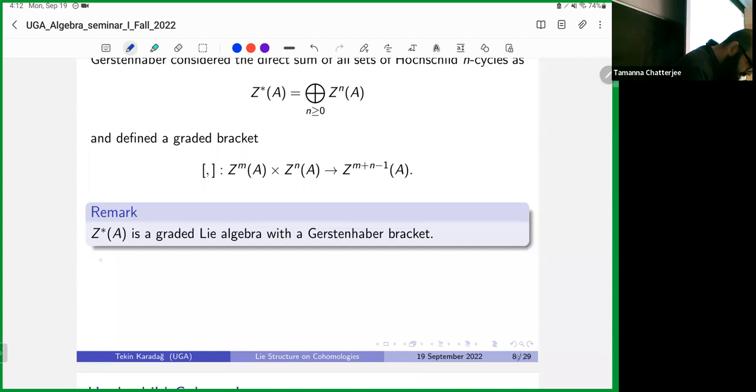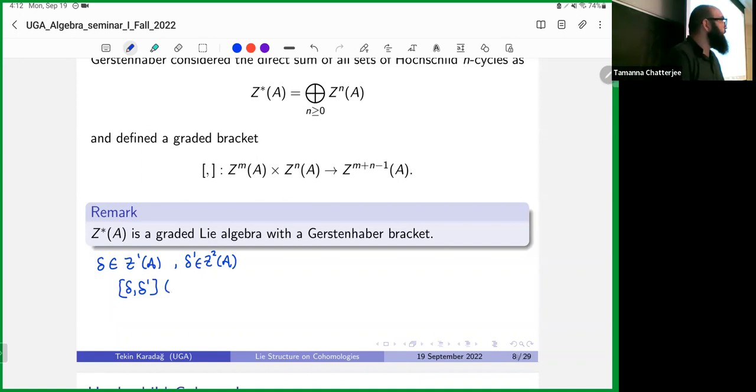If we take delta in V1(A) and delta prime in V2(A), then delta prime is defined like this. Then the bracket should be in degree 2 plus 1 minus 1, so it's going to be in degree 2. So it should be on 2 elements.